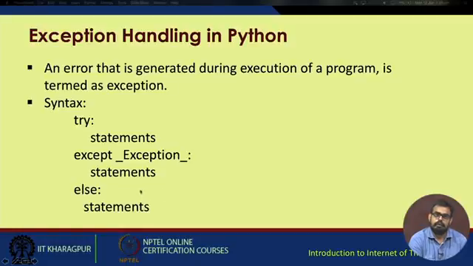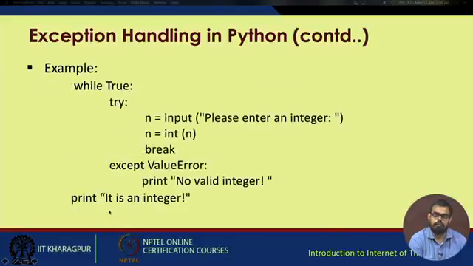Now there are various exception handlers in Python. These are mainly used for debugging, or in case of errors in various complicated scripts, they'll give you the exceptions, like try, then statement, except exception, statements, else statements. So one example is, while true, try. Within this try, these statements will execute. If there is some error, it catches that error and accepts the value error, not a valid integer.